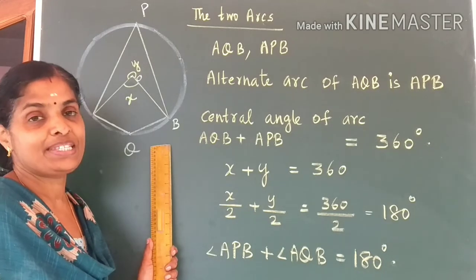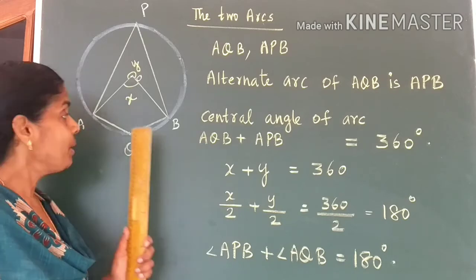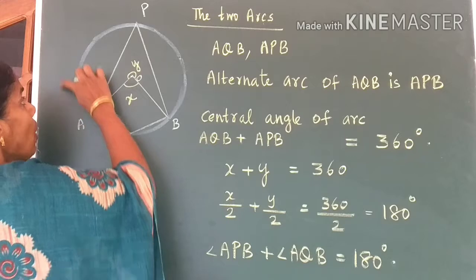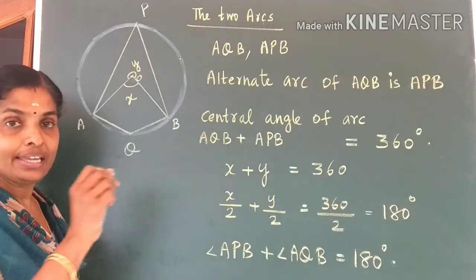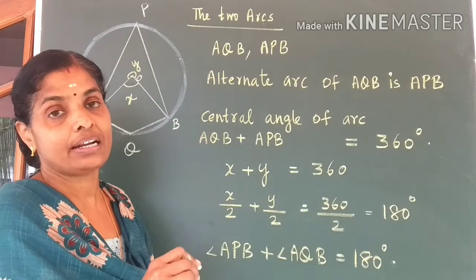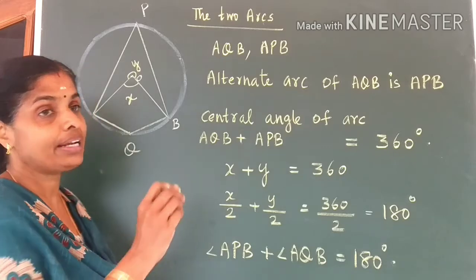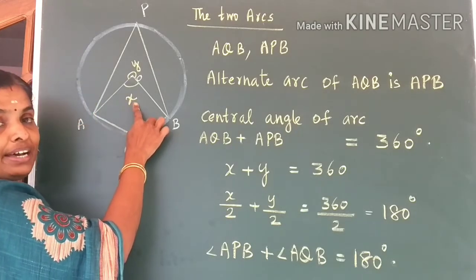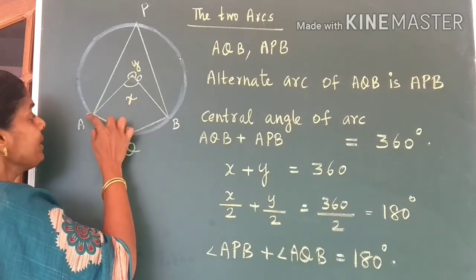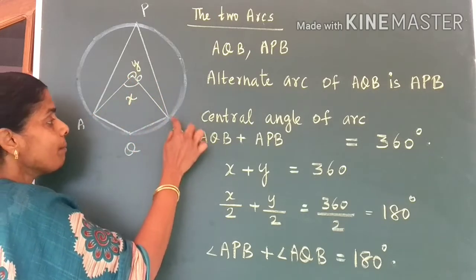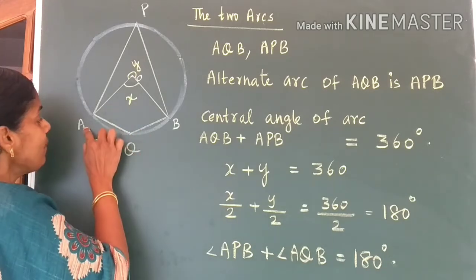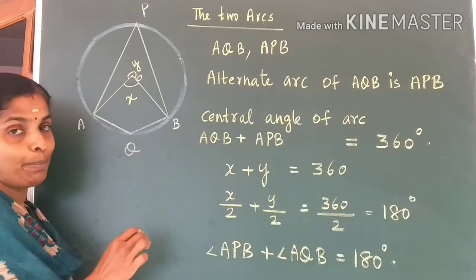Okay, we have seen the angle made by an arc on its alternate arc is half the angle made by the arc at its center. Now from the figure you can understand AOB to be the central angle of arc AQB.